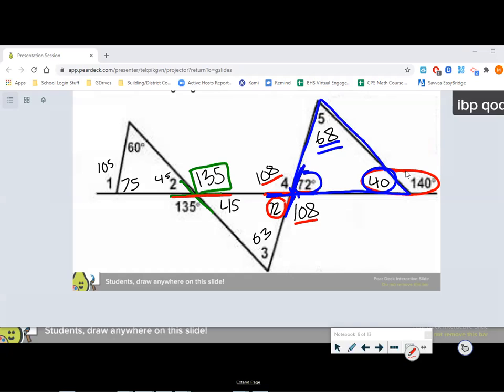Linear pairs would have gotten 45. Triangle sum would have gotten 75. Linear pairs to get 105. And of course, this last one at the bottom would be another triangle sum theorem.